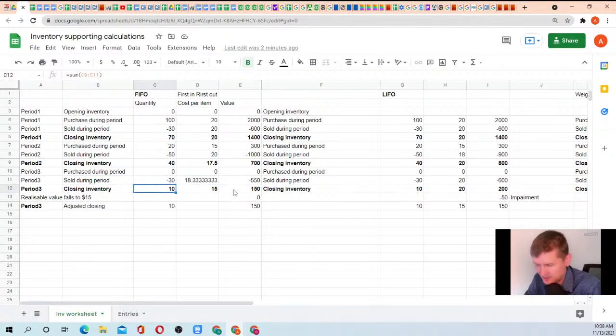And basically whatever is left is what is left. Alternatively, we can figure out that we got only 10 items left in the inventory. So these should be the items which were most recently purchased. And our most recent purchase is here at 15. So we can figure out that number and then calculate it.